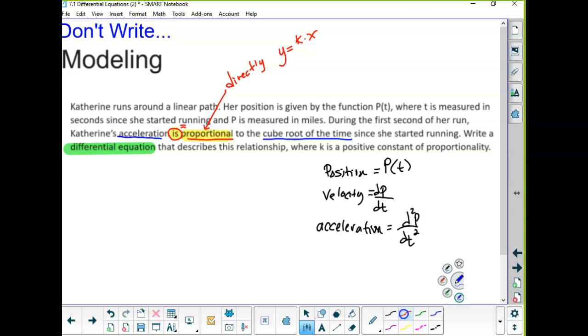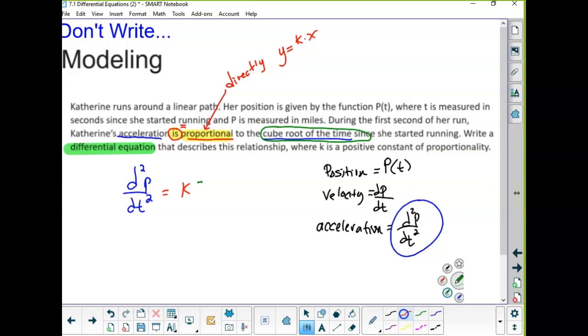But what are we going to do? We're going to take the acceleration, which can be written as the second derivative, so d squared p over dt squared, is, so the is the equal sign, proportional. So when I see that word proportional, I'm thinking there's a constant k, and then it's proportional to the cube root of the time.